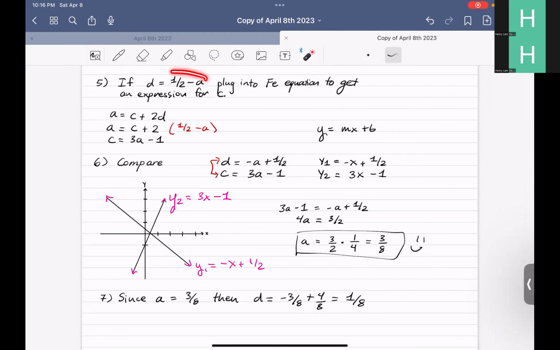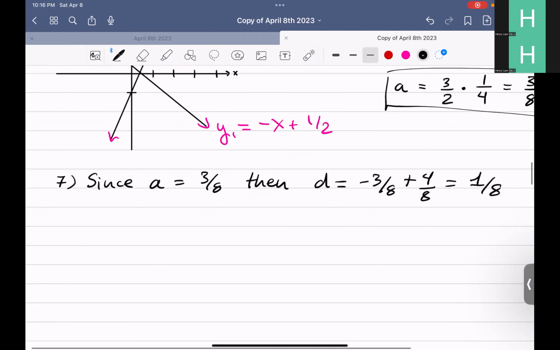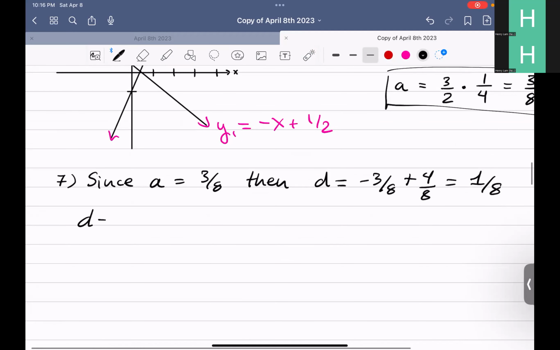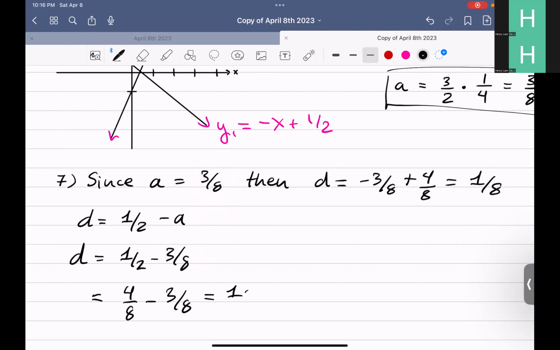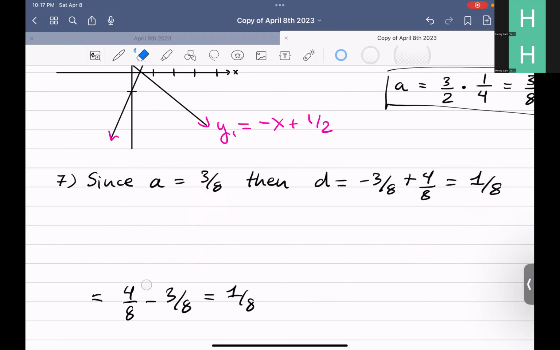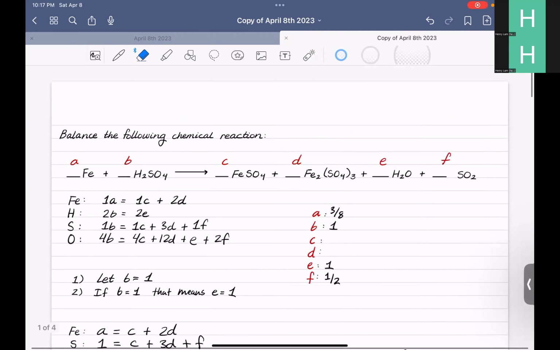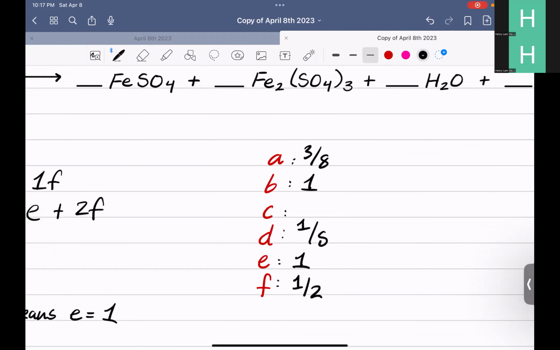Remember, way back here, I said D is equal to 1/2 minus A. So if I were to rewrite this in a more suggestive way, D is equal to 1/2 minus 3/8, plugging in 3/8 for A. If I find a common denominator, this would be 4/8 minus 3/8, which is equal to 1/8. And indeed, this is what you get right here, what we said earlier. So D is equal to 1/8. Beautiful. Let's go ahead and write that down. D is equal to 1/8.